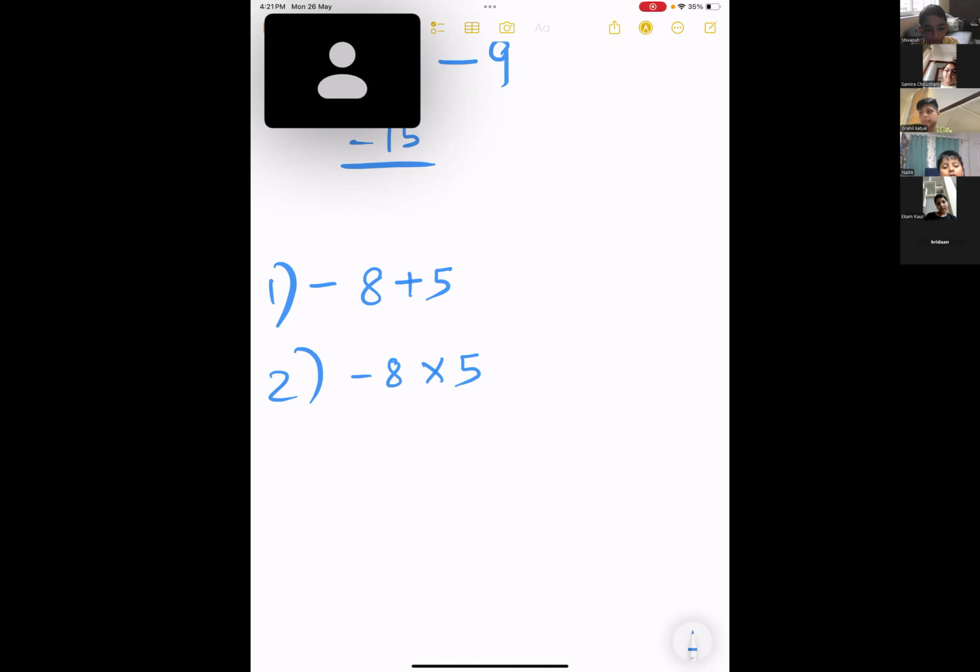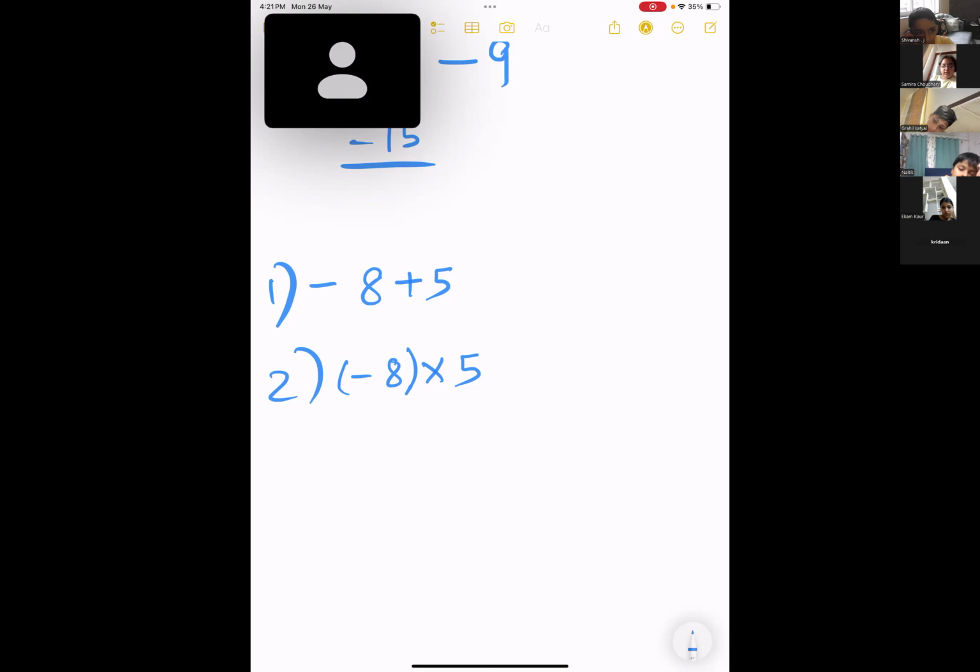Aradhya, is that a typing error? Okay. Very good. Good, guys. -8 plus 3. Yes. Now do this one. -8 into 5. I'm waiting for everybody.